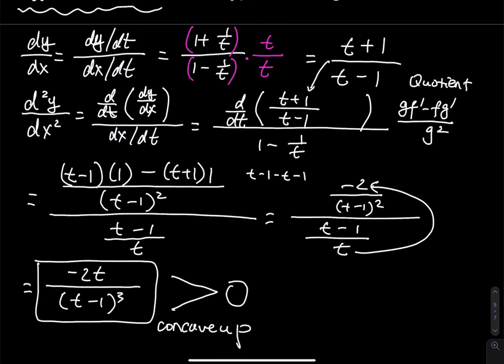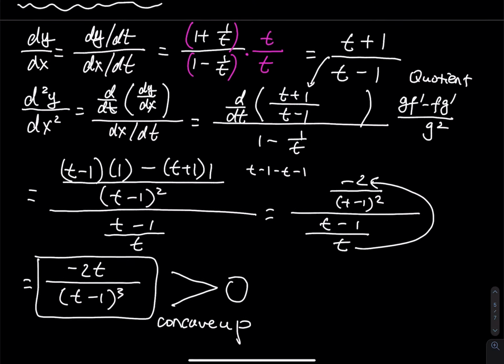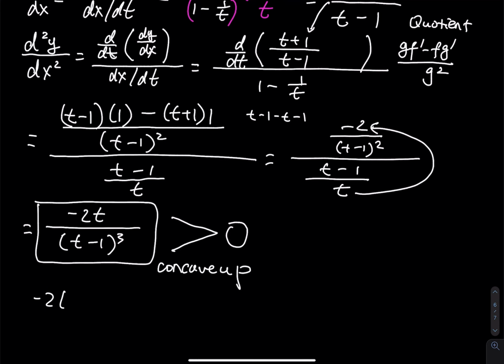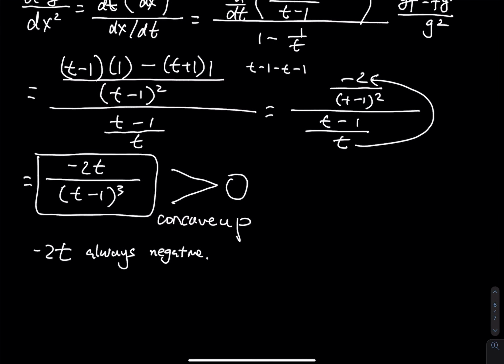Now, the top, negative 2t, is always negative, right? So that means the denominator, (t minus 1) to the third power, must be negative. I want the top and bottom to be negative at the same time, so that the negative divided by negative is positive.